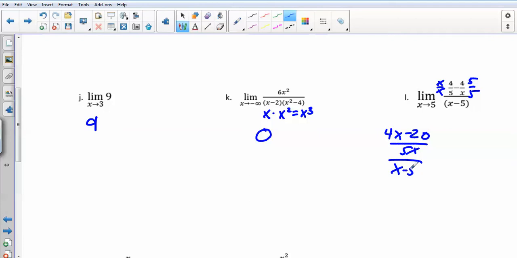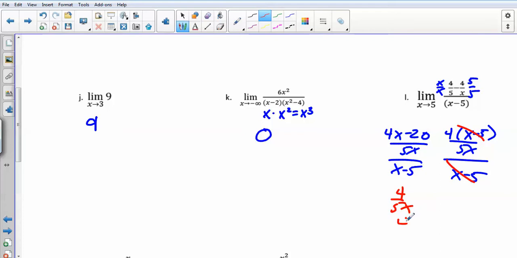I can factor this to be 4 times x minus 5 over 5x. So now the x minus 5's cancel out, and I have just 4 over 5x. As x approaches 5, you plug that in, and you get 4 over 5 times 5, which is 4 over 25.